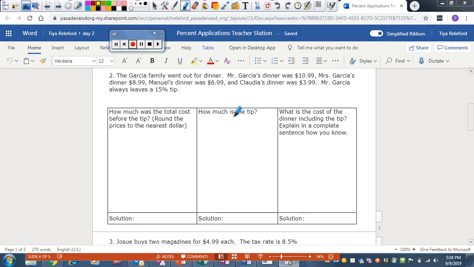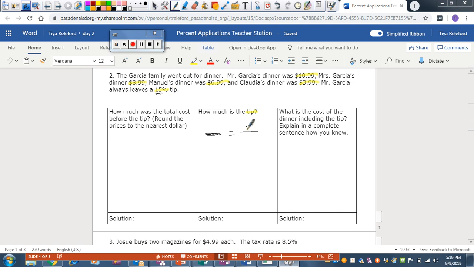Now the next part says, how much is the tip? I forgot I had erased all this. Now, the tip is given to you as a percent, 15%. That is not the same as $15. You're going to have to put it into a proportion to find out how many dollars 15% is.